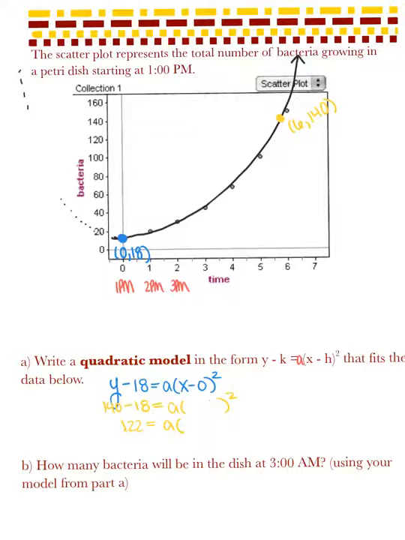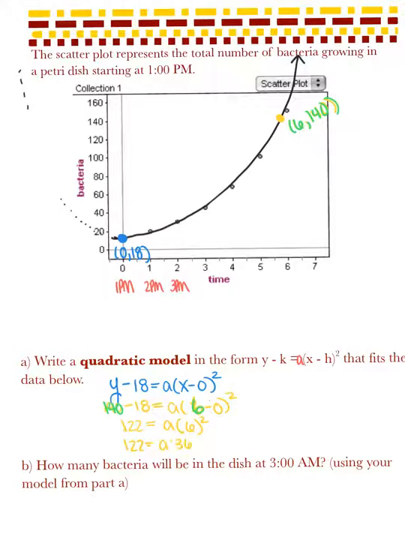Okay, so I have x changes to 6, that's the point I'm plugging in, minus 0. So again, the 6, 140 is coming from that point right there. All right, so 6 minus 0 is 6. And now I need to square that. So 6 squared is going to be 36.